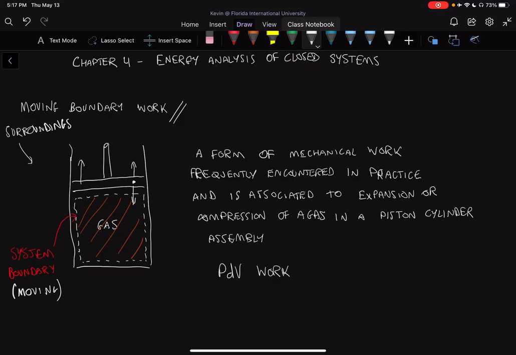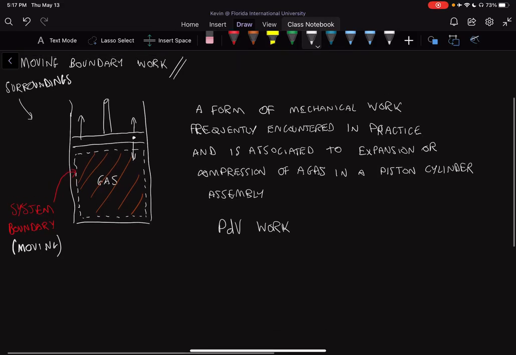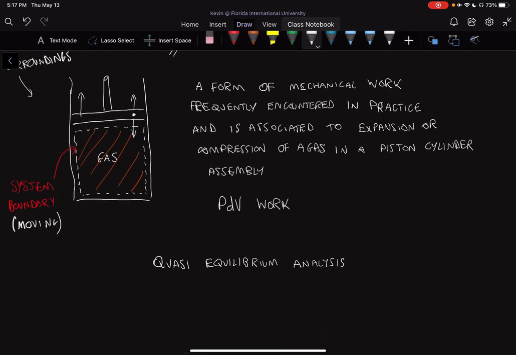Now, in our class, as we had said earlier, we're going to be focusing on quasi-equilibrium analysis. And what that means is that the system remains nearly in equilibrium at all times. So we can stop the system at any point and we can assume that the system would be in equilibrium. This is okay in systems that move slowly.